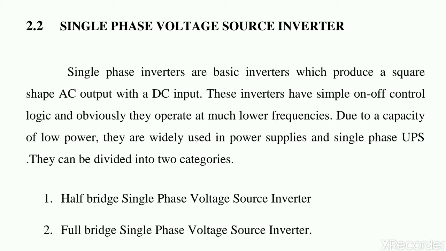So again they can be divided into two categories, that is half bridge single phase voltage source inverter and full bridge single phase voltage source inverter. So these are the inverters in which the output is square wave AC output and the DC is the input.